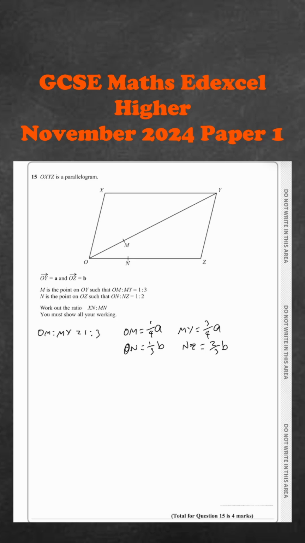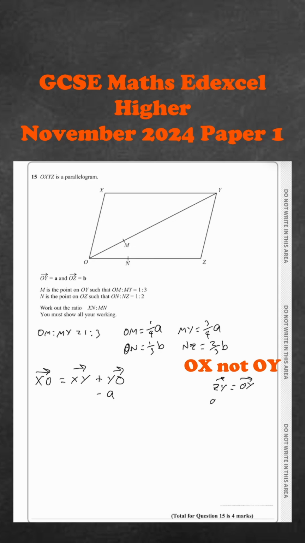So first we need to do XO. So I'll say XO. That is the same as saying XY plus YO. We know that OY is A, which makes YO minus A. But since this is a parallelogram, we know that ZY must equal OY.